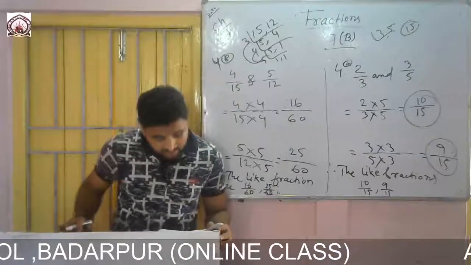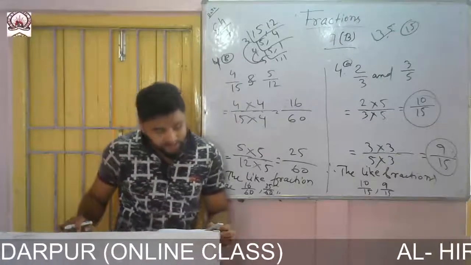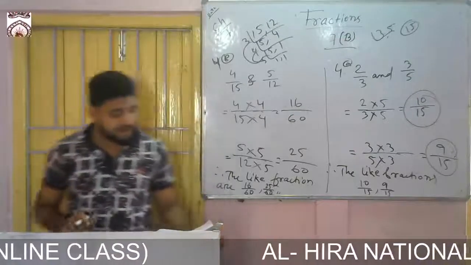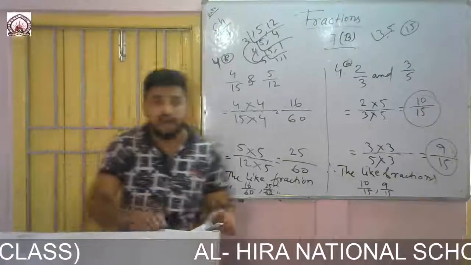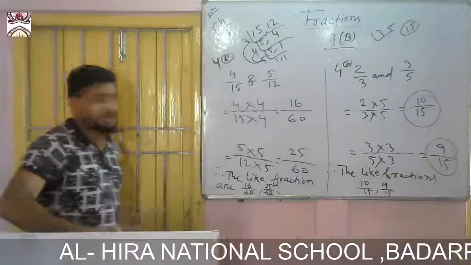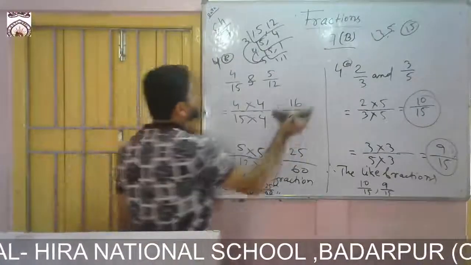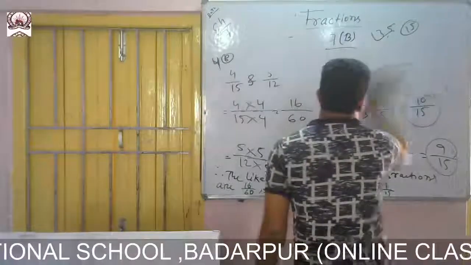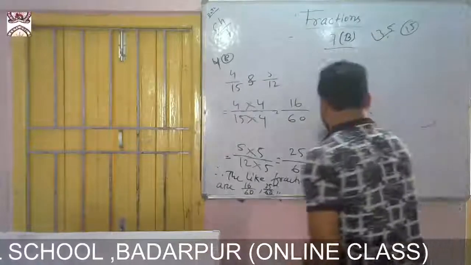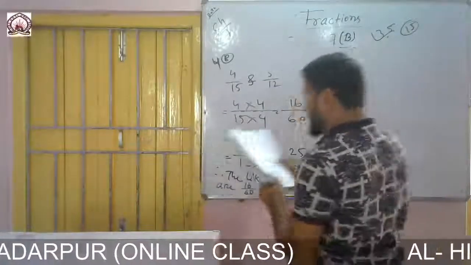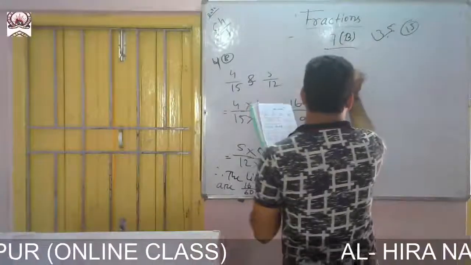Are the fractions equivalent? So now you need to check whether the fractions are equivalent or not, okay. So how to check whether the fractions are equivalent or not? I need to check this one.